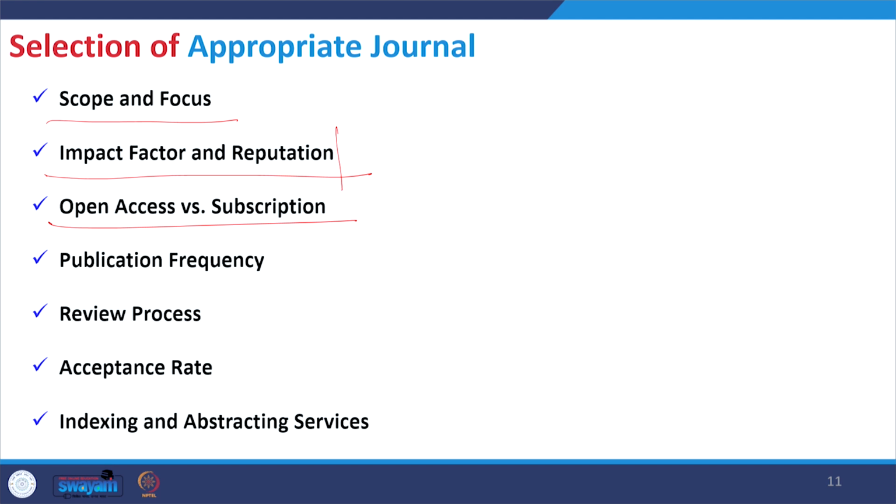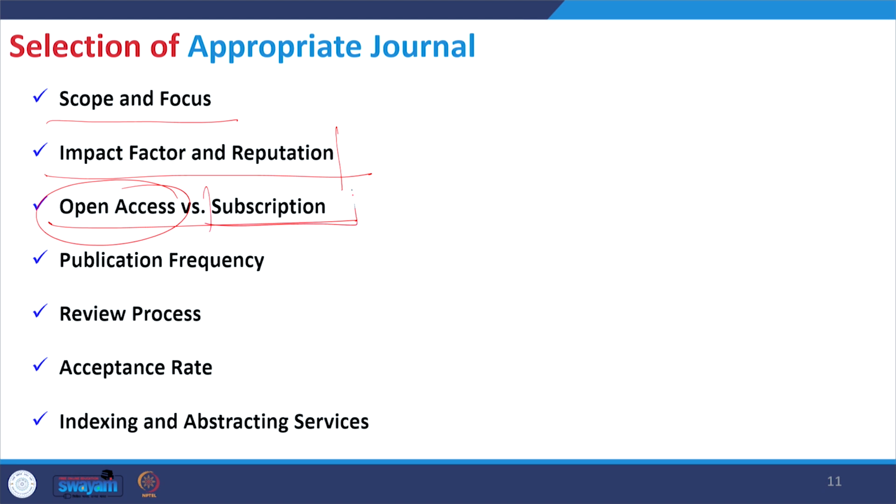But others who cannot subscribe, for example in some developing countries and institutes, probably do not have the funds to subscribe to the journals. With open access they can get it, though there is some cost associated with that. But at the same time, there is a difference between open access and the paid journal. So we'll discuss that in a separate lecture, what our stand should be.